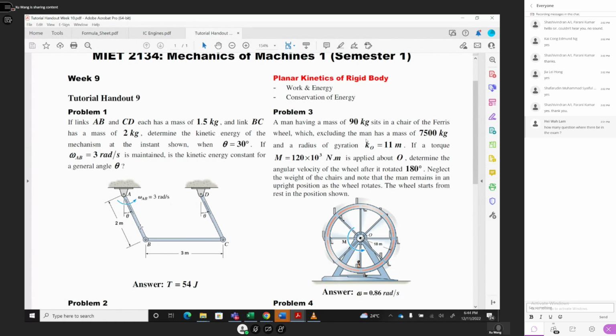The total energy, gravitational energy and kinetic energy together, should be conserved. So because your gravitational energy will change, your kinetic energy will also change, but the sum of them should be constant. Okay, the simple answer. Then we go to question 2.